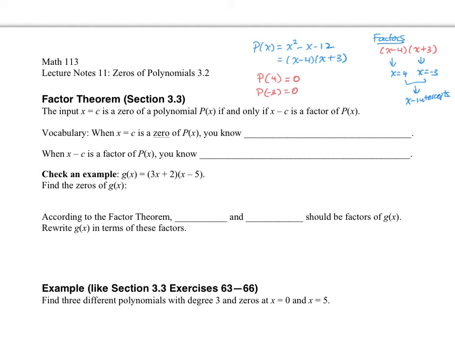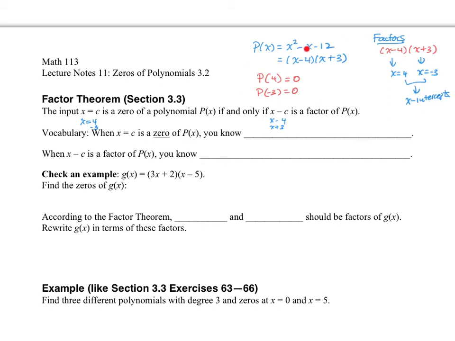Okay, so now let's go to the official definition, which is exactly the same as what I just said here. It says the following: the input x equals c, which in our case could be 4 or negative 3, is a zero of the polynomial if and only if x minus c, which in our case could be x minus 4 or x plus 3, is a factor of p of x.